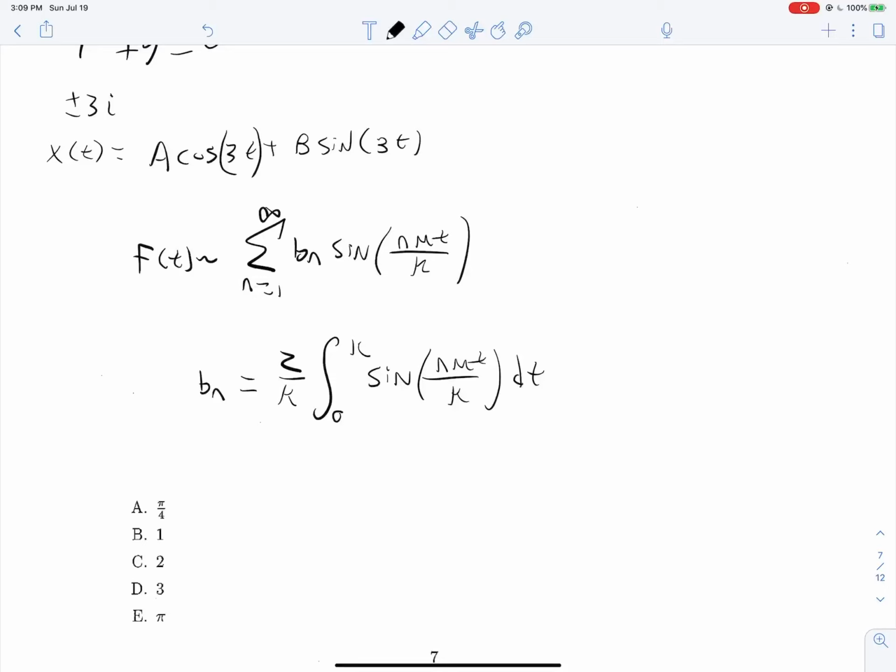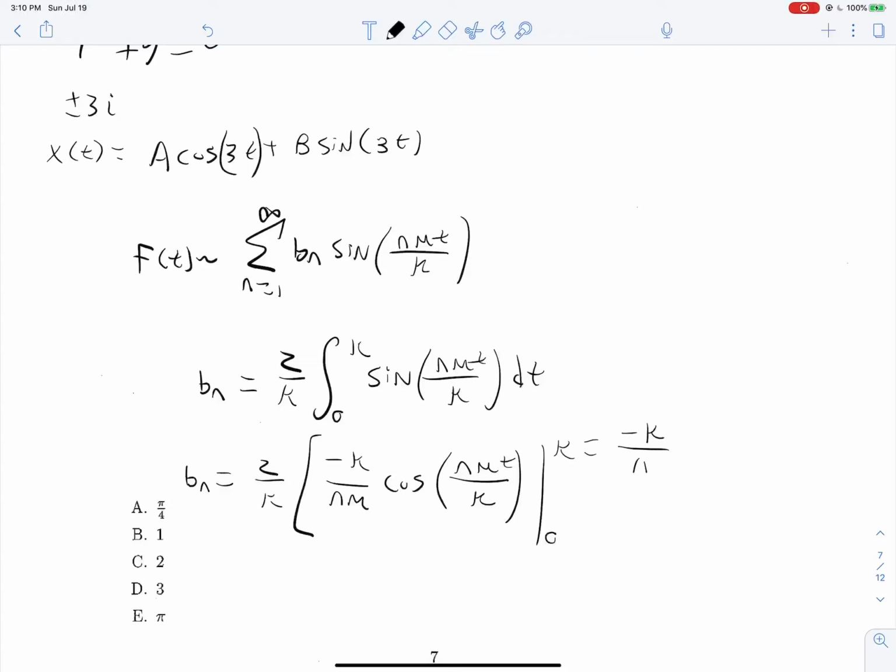Okay, so solving, bn is equal to 2 over k times minus k over n pi cosine of n pi t over k evaluated from 0 to k. Well, if we plug in k for t, we'll just get the cosine of n pi. So that's negative k over n pi times negative 1 to the nth power.